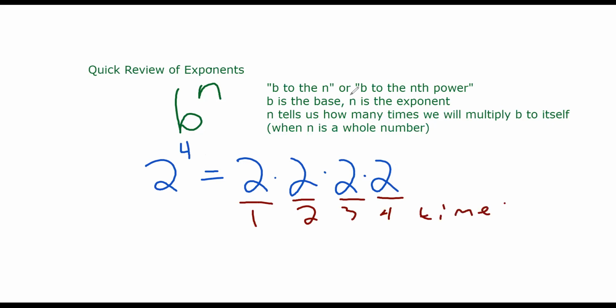That's how much I'm multiplying it to itself. That's the whole purpose of exponents. Exponents tell us how many times we're multiplying it to itself repeatedly. And so you can do it just piece by piece. Do 2 times 2, that's 4. Times 2 again, that's 8. Times 2 one more time, that's going to give you 16.